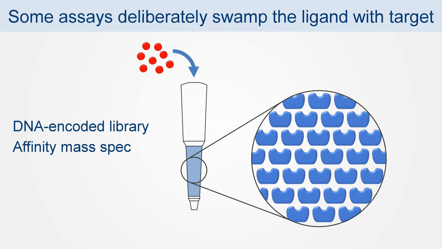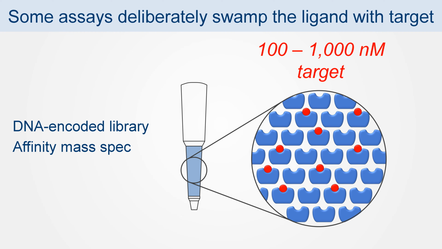Here we load the ligand, and the goal is to trap the ligand on the column. This is done by having a high concentration of target packed onto the column. Target concentrations in the hundreds of nanomolar are usually encountered here. While these assays are great for finding hits, they are usually not suitable for quantifying ligand potency owing to this high target density, and we will see an example of this soon.